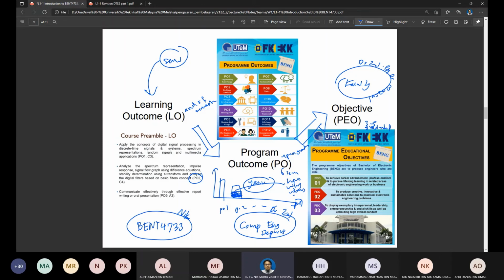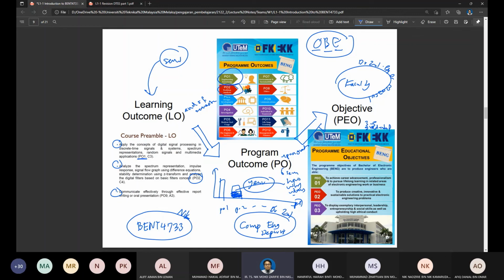So that would be the idea of OBE, if you look at the big picture of outcome based education. OBE is a system where you look at the arrows. Right, so for the DSP side, Dr. Zul gave me 3 elements. One is this, PO1, what is that? Knowledge. PO2?